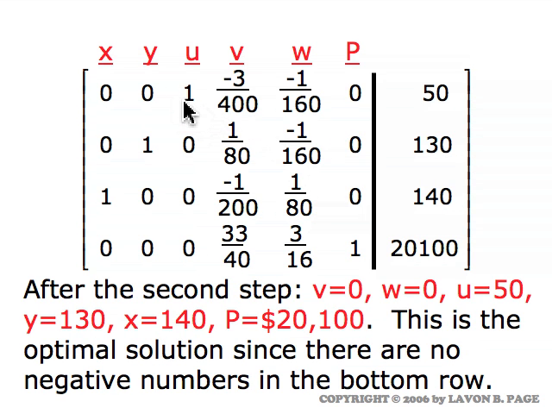The top row gives us U equals 50. The second row gives us Y equals 130. The third row gives us X equals 140. And the bottom row gives us P equals 20,100.